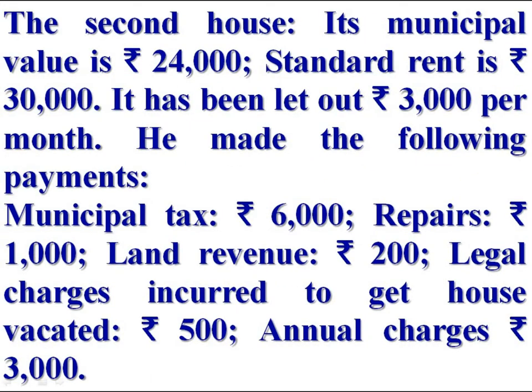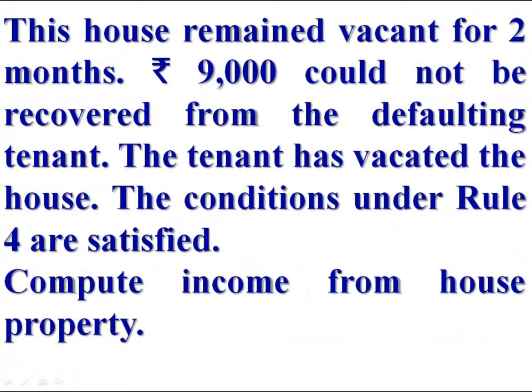The second house, its municipal value is Rs 24,000. Standard rent is Rs 30,000. It has been let out for Rs 3,000 per month. He made the following payments: municipal tax Rs 6,000, repairs Rs 1,000, land revenue Rs 200, legal charges incurred to get the house vacated Rs 500, annual charges Rs 3,000.